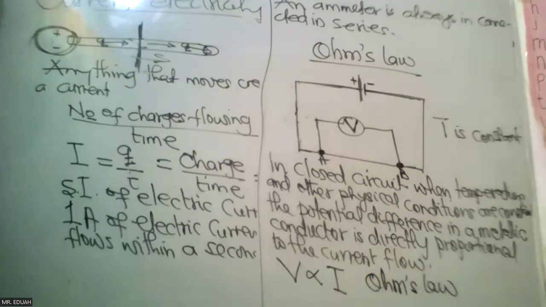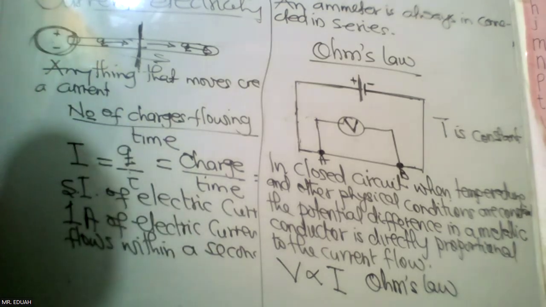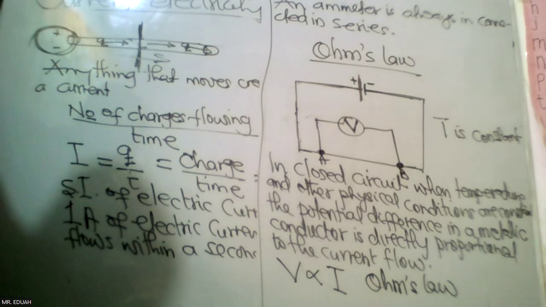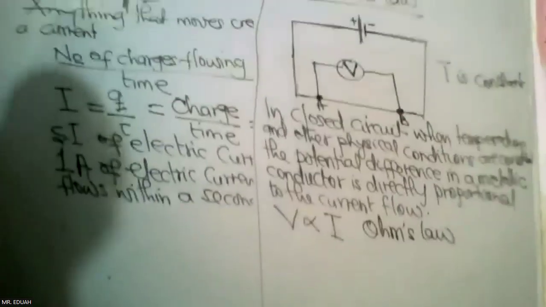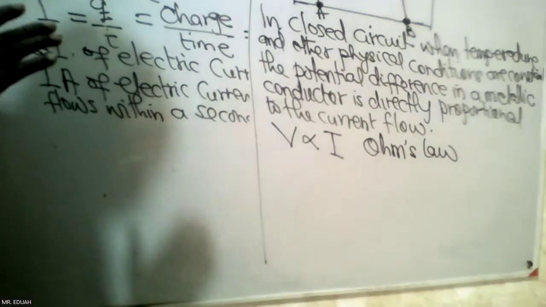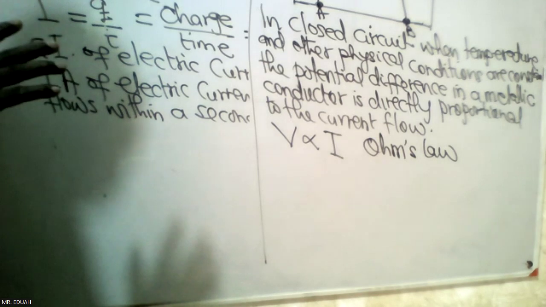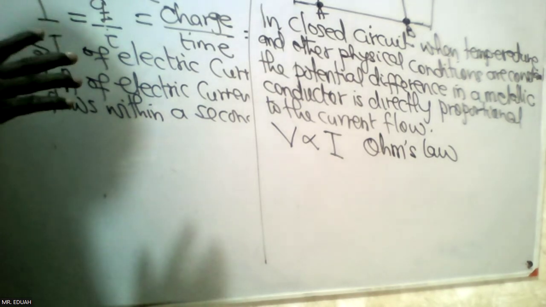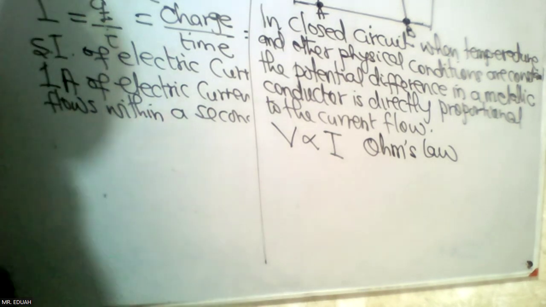In a closed circuit, of course, the circuit must be closed, because if the circuit is not closed, what happens? Yes. Current will not flow. So in a closed circuit, when temperature and other physical conditions are constant, the potential difference in the metallic conductor is directly proportional to the current flow.